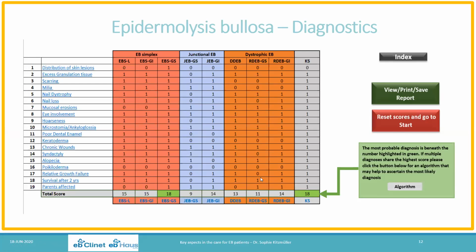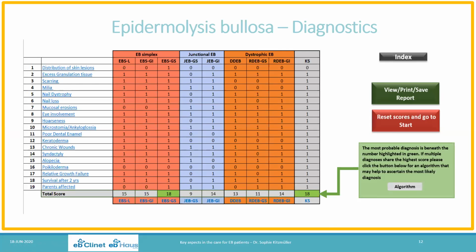So I did this with one of my patients, and what it showed me is that it is very probably either a Kindler syndrome or EBS generalized severe. And with that, you can then go on and do deeper analysis and also go on with your care regime.